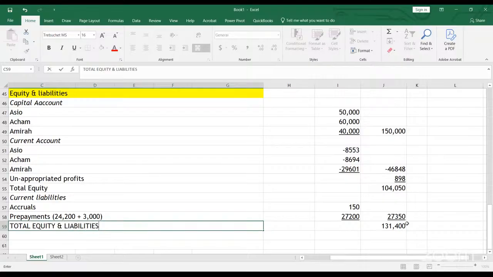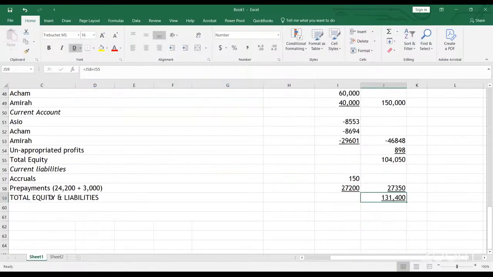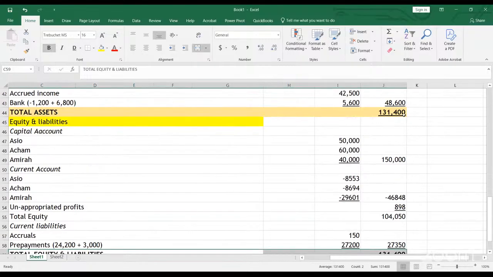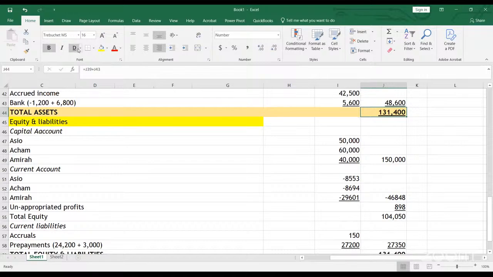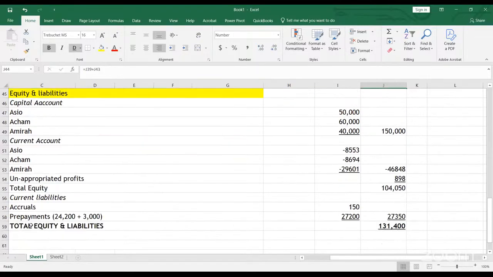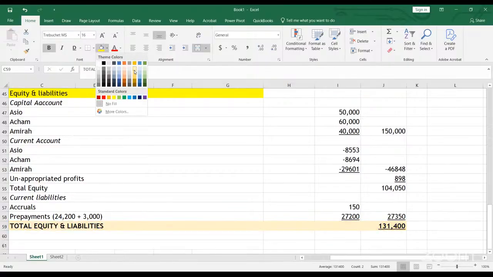So equity and liabilities. Total equity and liabilities. So this is our statement of financial position for that question we have.